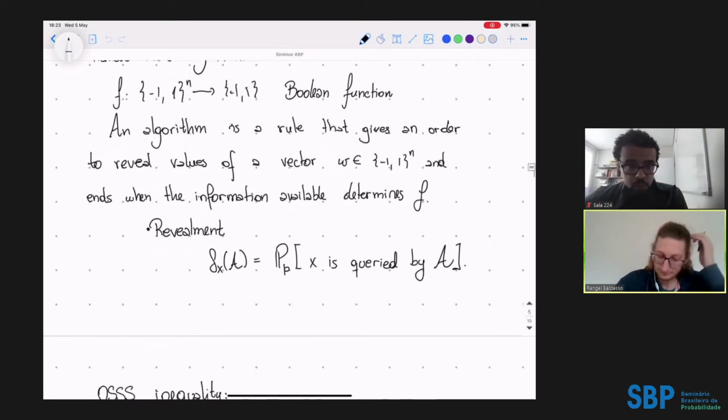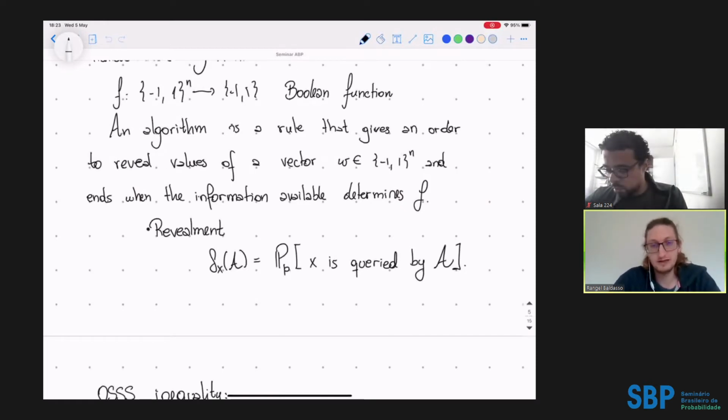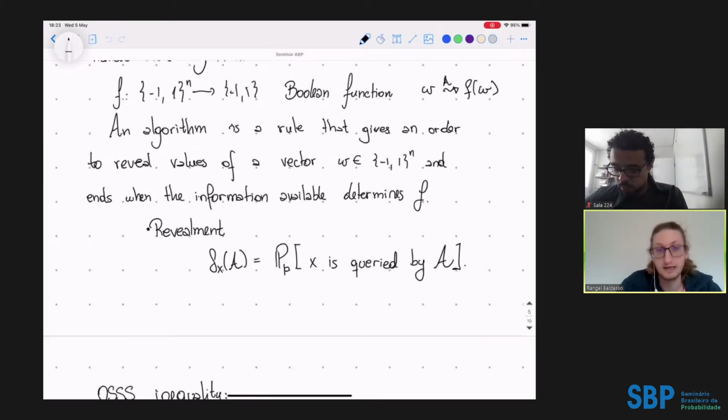And now we're going to have an algorithm to determine this function. You have an entry of this function and you want to say what's the outcome. So you have f, you have some omega, and we apply our algorithm and you want to get as an outcome of this algorithm f of omega.